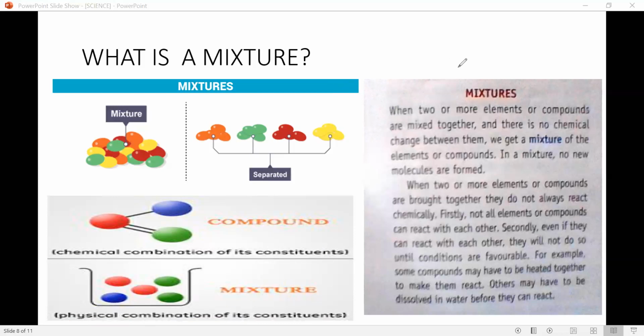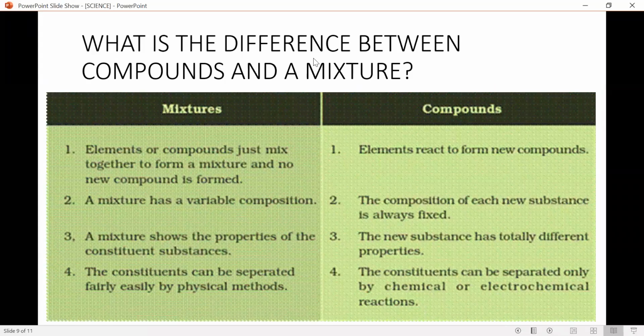Now we have done what a mixture is. We have to do what is the difference between a compound and a mixture. If we talk about mixtures, elements or compounds just mix together. And if we talk about compounds, elements react to form a new compound.